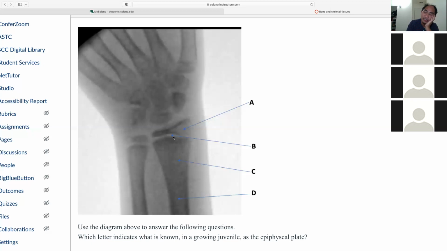That joint is a cartilaginous joint because two bones are fused together by cartilage. There are two types of cartilaginous joint in our body: synchondrosis, which is this one, with the cartilage in the middle of two bones, or symphysis, like the pubic symphysis.